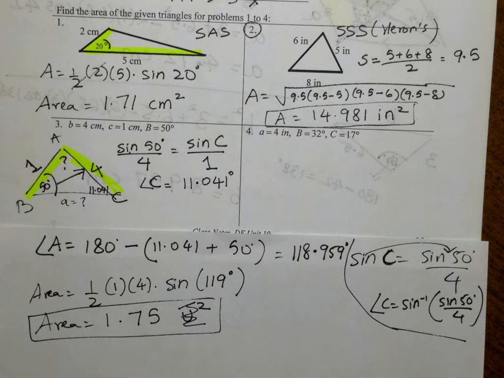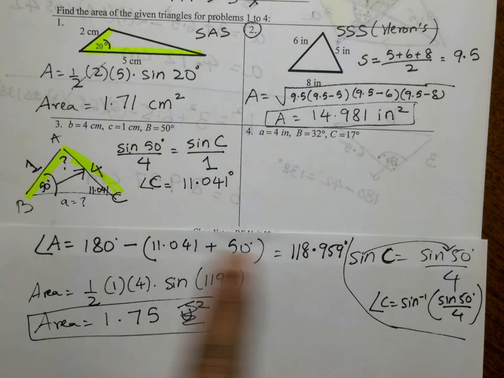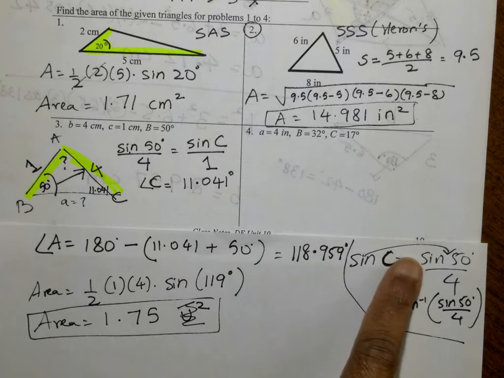Yes, Abby. Finding angle C, could you cross multiply? Yeah, that's how you find it. So 1 multiplied by sine 50 equals 4 multiplied by sine C, and then you want to get sine C by itself, so you divide both sides by 4, and this is how you get sine C by itself.